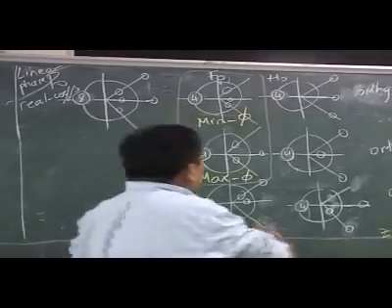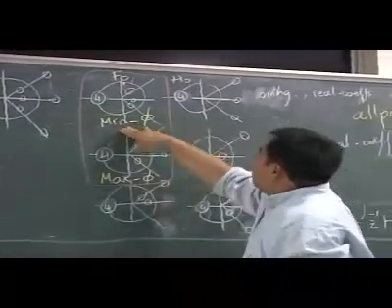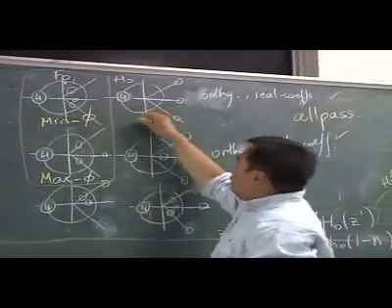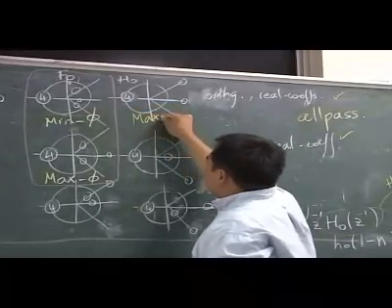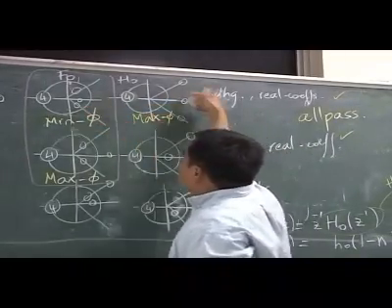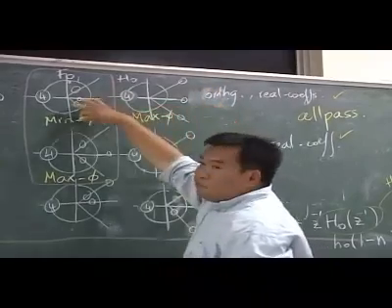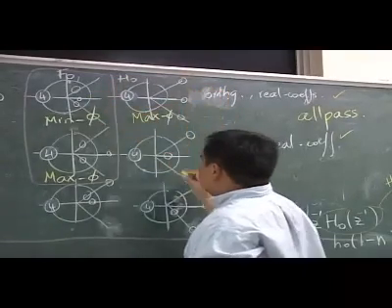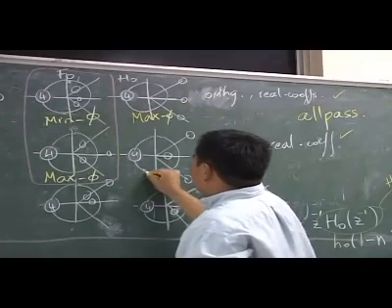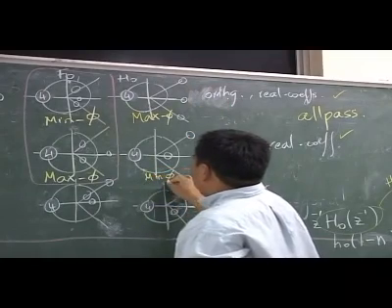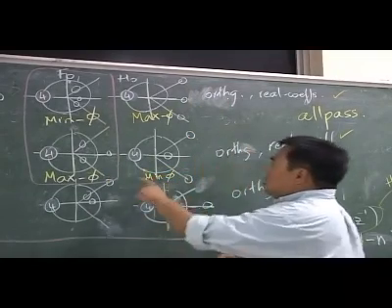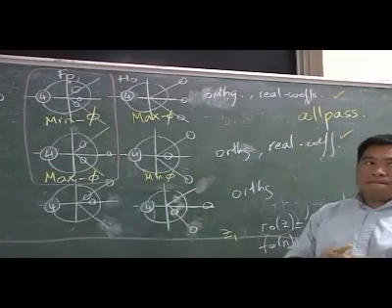So this is minimum phase; the other choice, H naught, is maximum phase, because all the zeros are flipped. Right? So you have minimum, flipped to maximum. And so on. So this is maximum phase, this is minimum phase. Right? So that's what happens. Okay?